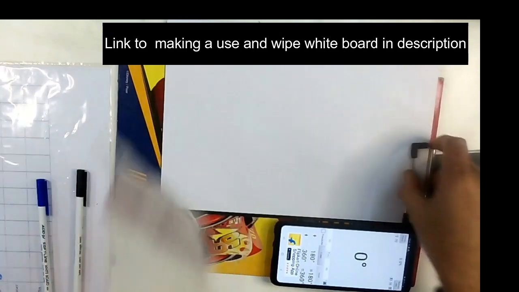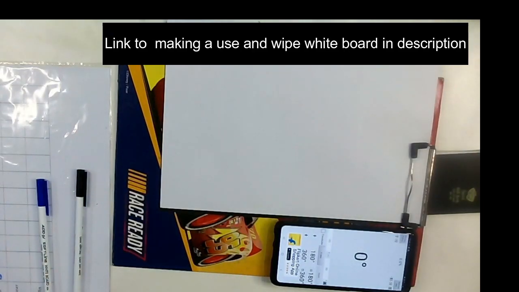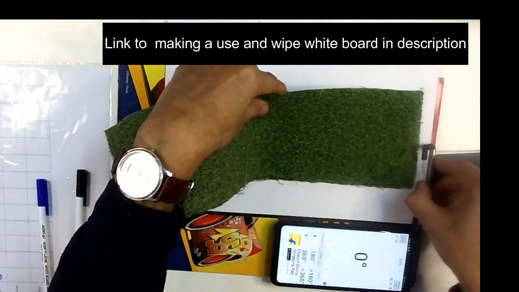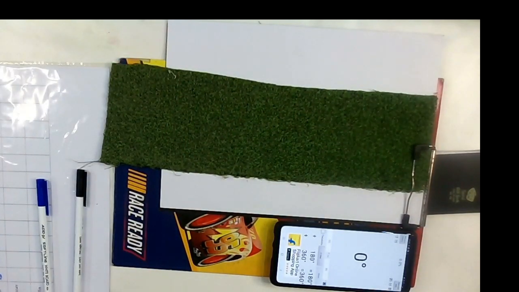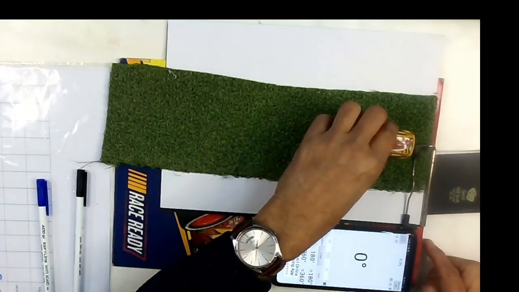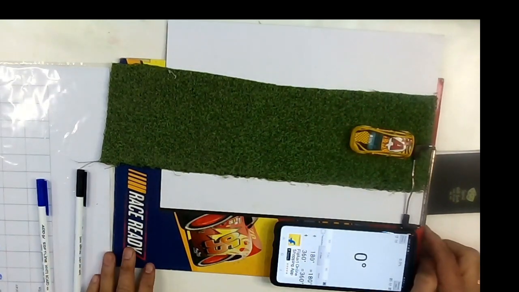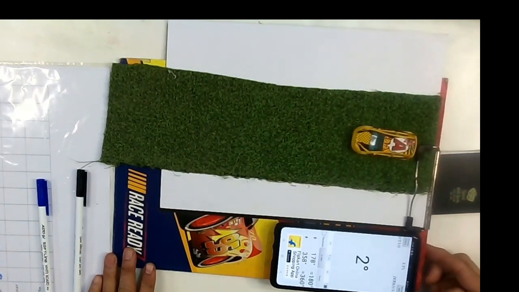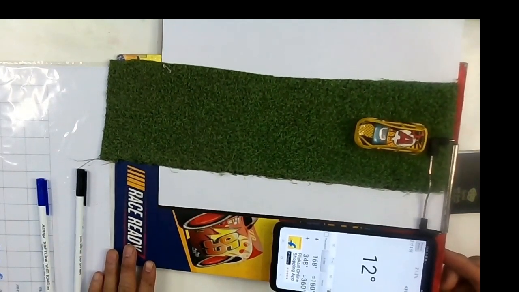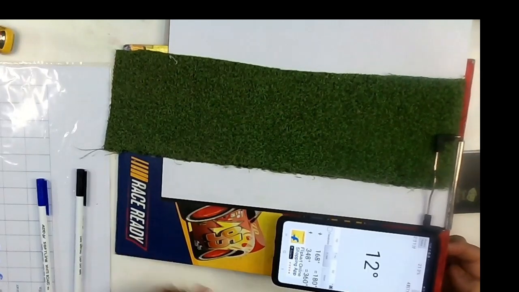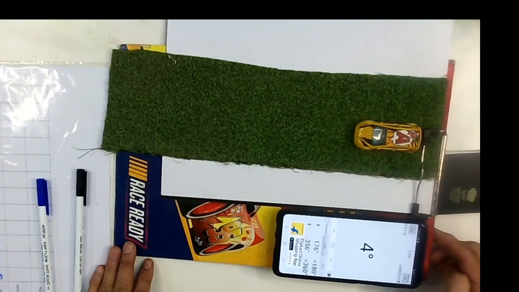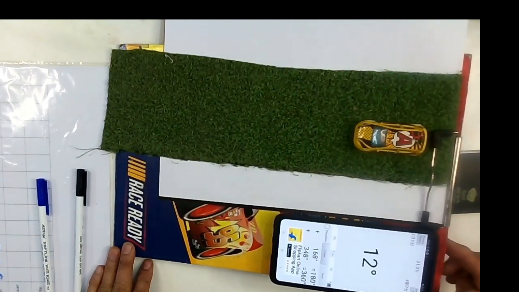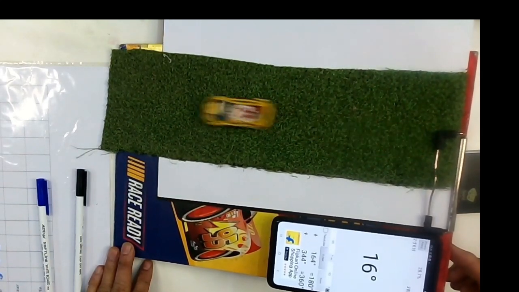Now I can change the surface to the doormat, which is a very rough surface. I am using the same car here, with the inclinometer attached with double-sided tape. When I start, look at the angle, 13 degree it came. Second reading, 16 degree.